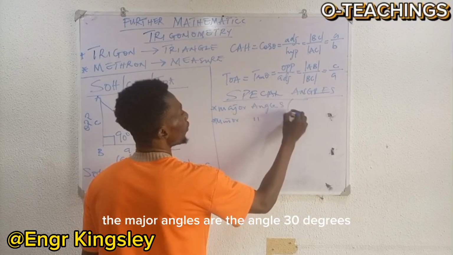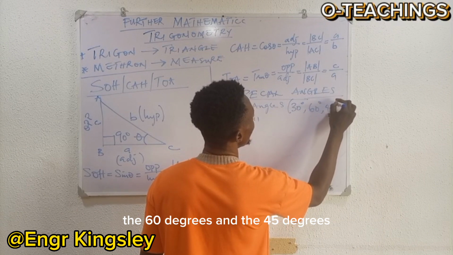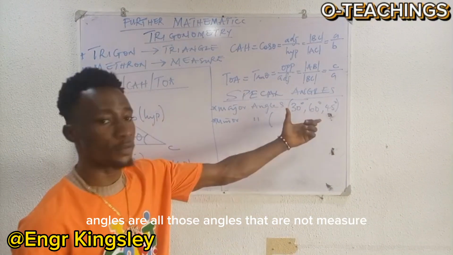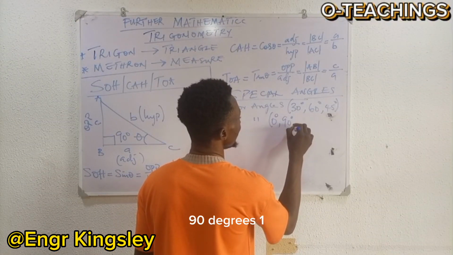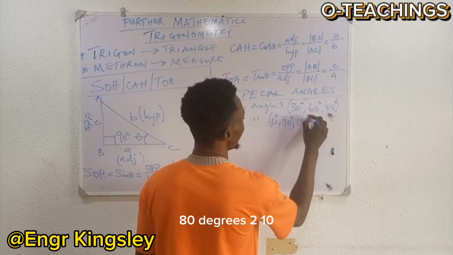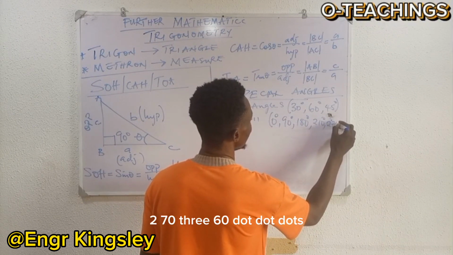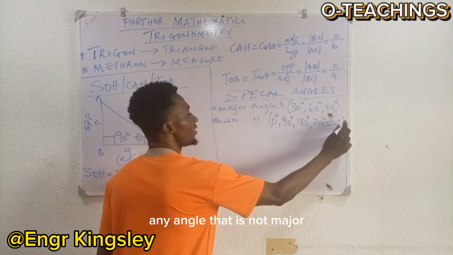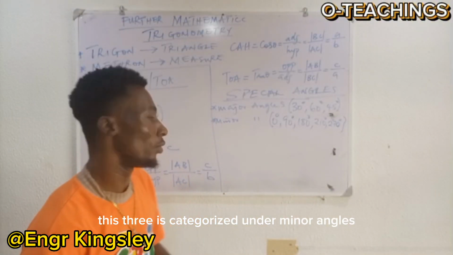The major angles are 30 degrees, 60 degrees, and 45 degrees. The minor angles are all those angles that are not major, for example 0 degrees, 90 degrees, 180 degrees, 210, 270, 360, and so on. Any angle that is not one of these three major angles is categorized under minor angles.